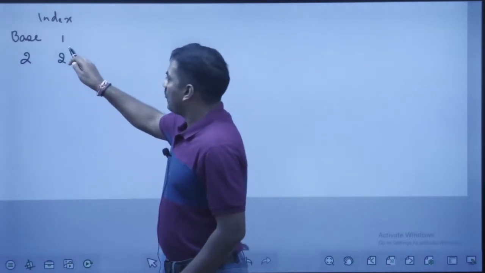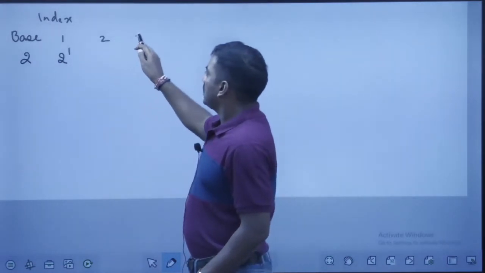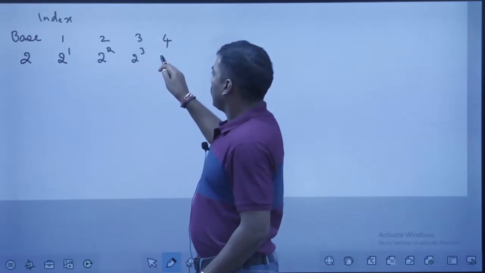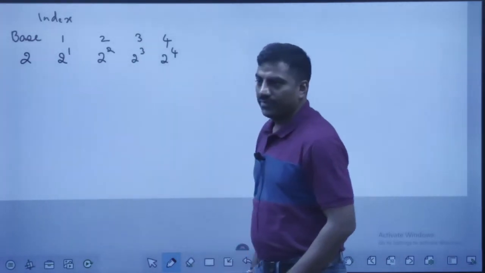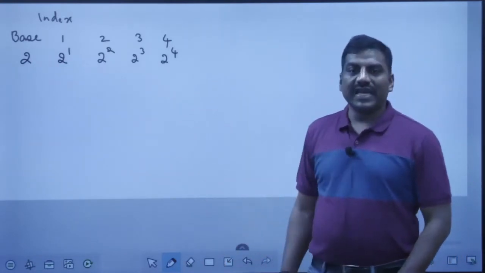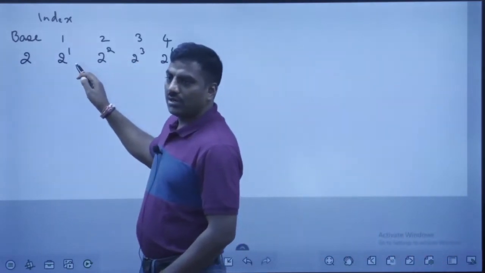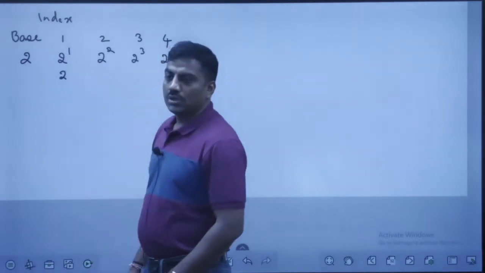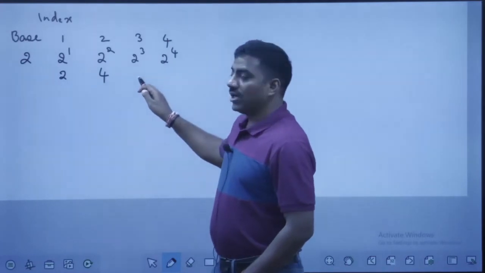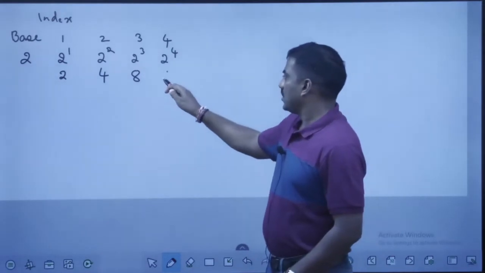So the number is 2 to the power of 1. Like that, index is 2, 3, 4. 2 to the power of 2, 2 to the power of 3, 2 to the power of 4. You don't give me the answer of these powers, but tell me the last digit of those numbers. 2 to the power of 1 is what? 2. 2 to the power of 2. 2 to the power of 3. 2 to the power of 4, last digit, 6.